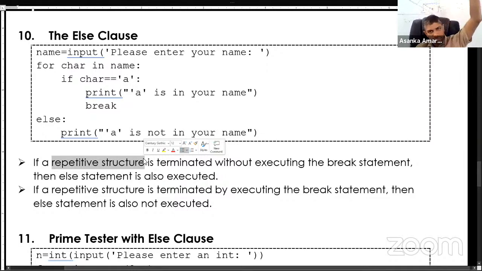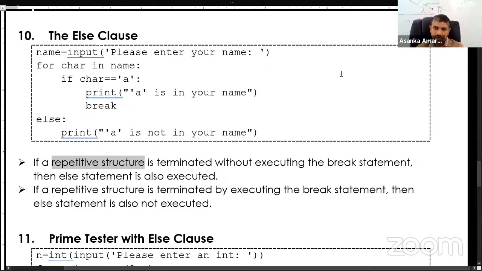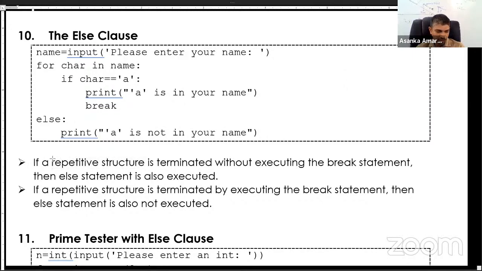Either for or while is terminated. Terminated means stop. How does it stop? Without the break statement. That means this is only applicable for repetitive structures, which means either for or while.